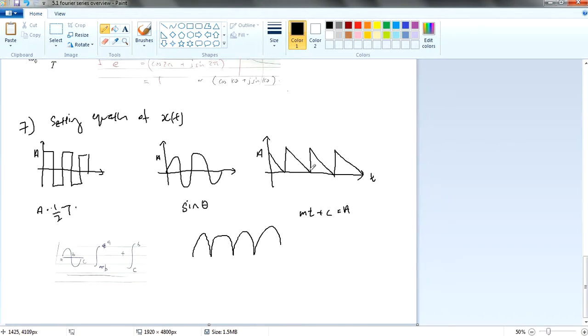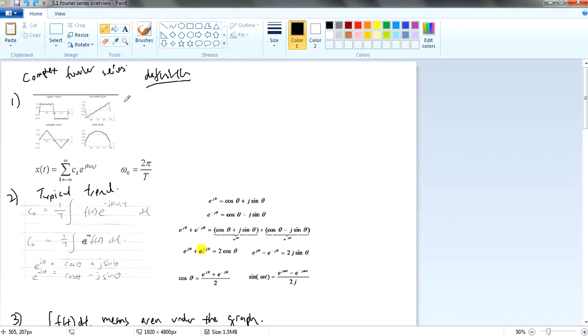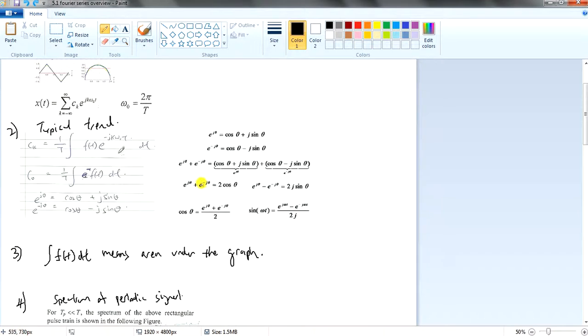Okay, instead of this. So just to give you an overall summary, we talked about the definition, and then why we want to use this equation, why we use the Fourier series, and the typical trend of the Fourier series, and the usefulness of Euler's equation.